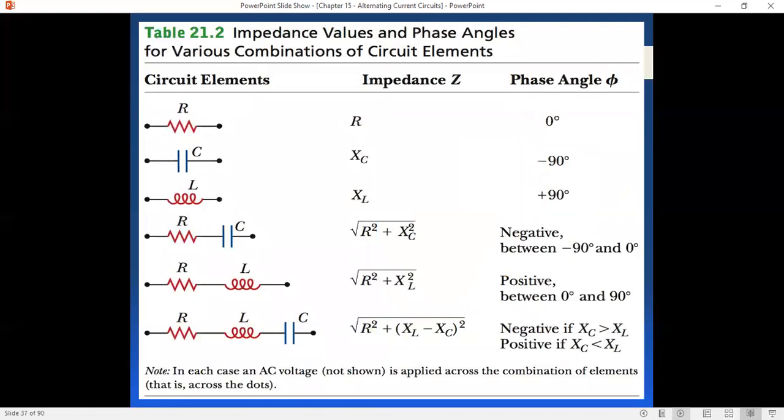Now, let's review what we know already. We know that a resistor has a 0 degrees phase angle with respect to the voltage and the current. With the capacitor, it is 90 degrees out of phase, where the voltage lags the current.